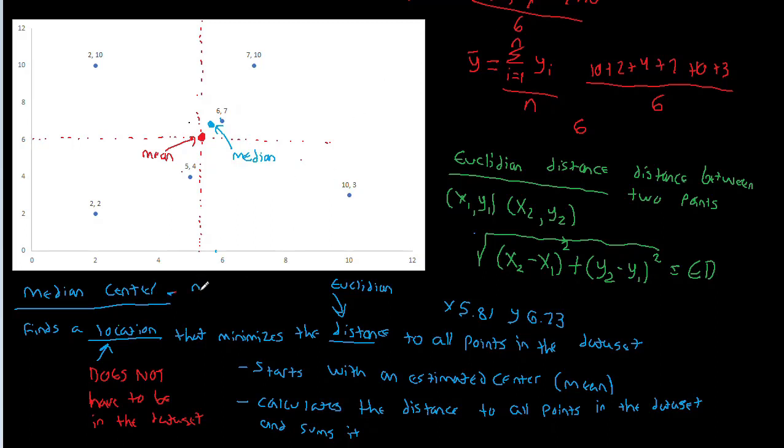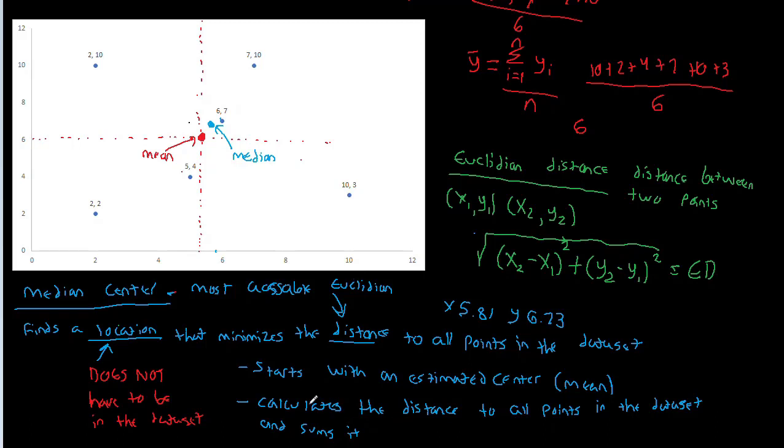Right, because we tried to minimize that distance, right? That means that for any given point in the data set, relative to the data set, this median is the best possible location for accessibility relative to all the points in the data set. Maybe not necessarily just one point, but relative to all of them, this median is going to be the most accessible. Okay, so hopefully that makes sense.